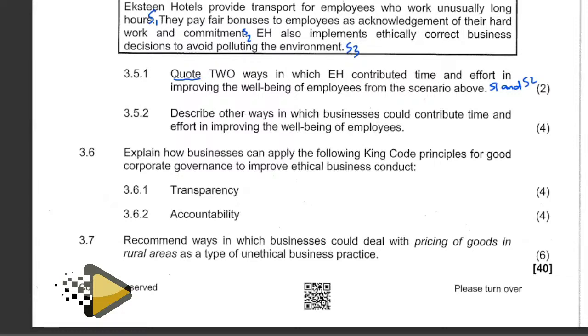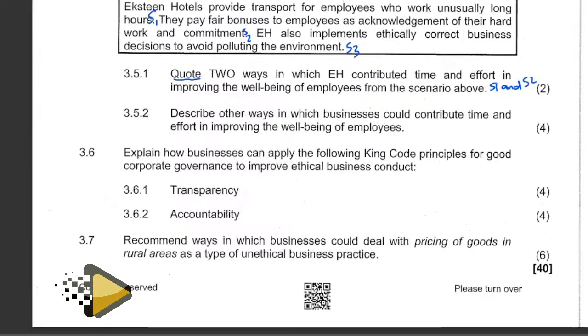I'm saying that the business should introduce the concept of mindfulness to the employees. And then the second one, the business should encourage staff to cycle to work. And also, the business should realize the importance of work-life balance. Okay, right.